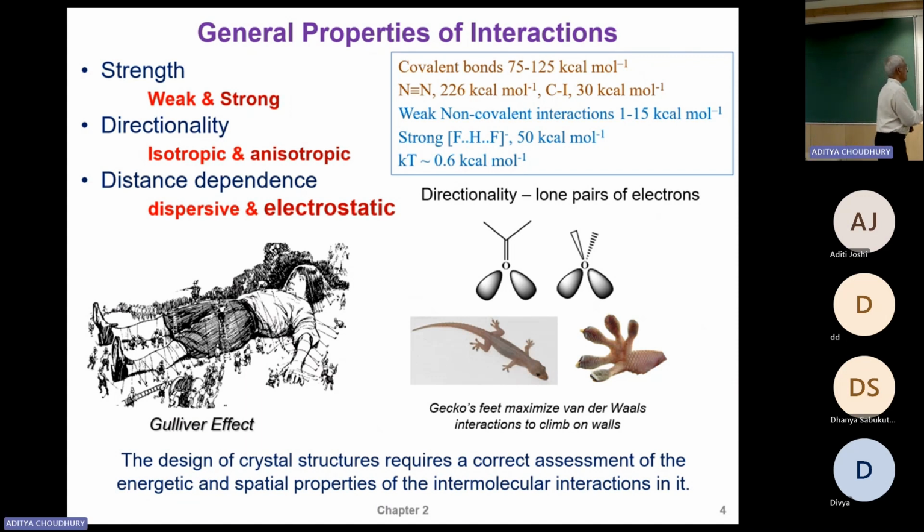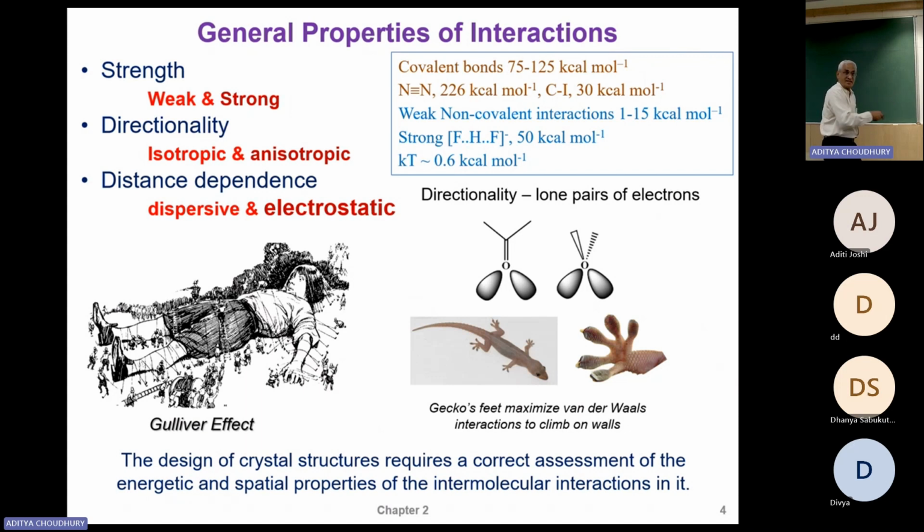Whenever you have this kind of interactions, you can classify them into weak and strong. I'm going to talk about the directionality. If it is weak, it's isotropic. If it is strong, it is anisotropic. Think about van der Waals if it is weak; think about hydrogen bonds if it is strong.